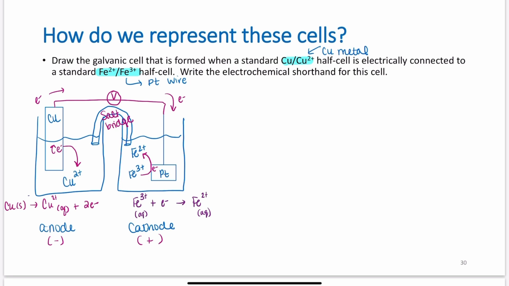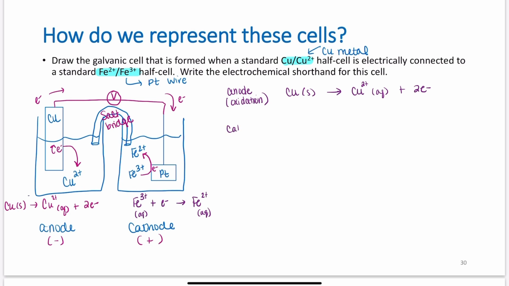So at my anode, where oxidation occurs, always, it's negative for a voltaic cell, I have copper, I apologize, copper solid forming copper 2 plus and 2 electrons.